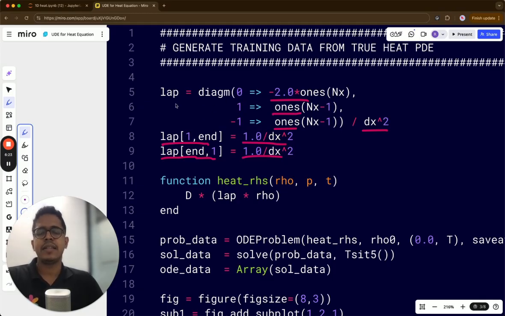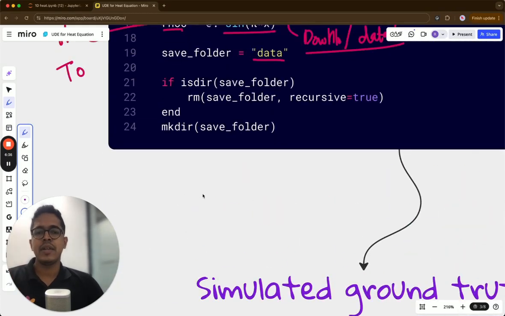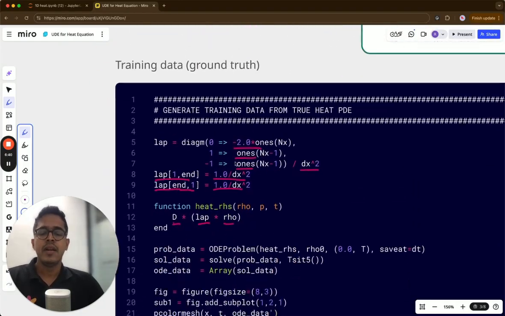So this is the Laplacian matrix. To simulate dou square T by dou x square, we say d multiplied by the Laplacian matrix multiplied by the rho matrix. The rho matrix is nothing but the temperature matrix. d is the initial value that we are assuming to generate the ground truth data. It's 0.1. Okay.